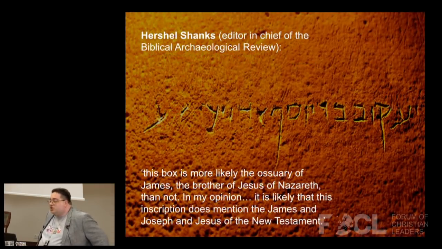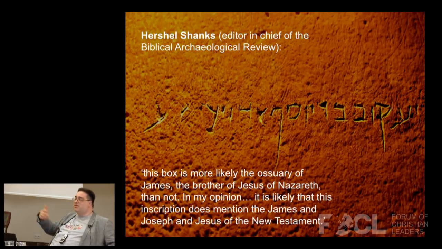Herschel Shanks, the now retired editor of Biblical Archaeology Review, which had always championed the authenticity of this find, said that this box is, in his opinion, more likely than not the ossuary of James, the brother of Jesus of Nazareth. That combination of names is unusual. It's unusual to put the name of someone other than the son of relationship.